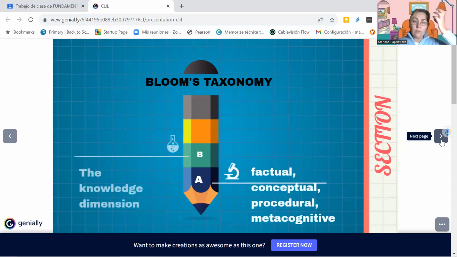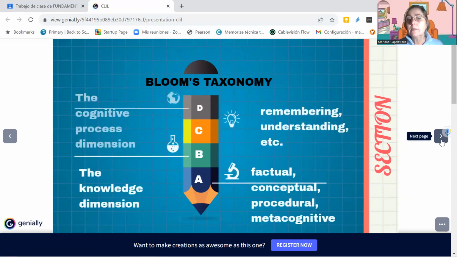And of course, I need to use Bloom's taxonomy. Yes, all the levels of Bloom's taxonomy. And here in this graph, we have several domains, several dimensions. One is the factual dimension, yes, the conceptual and procedural. The conceptual is the concept, the knowledge, what you know or what you don't know.